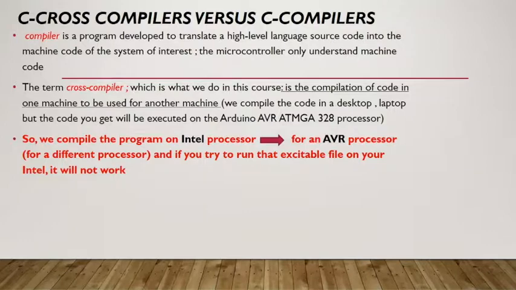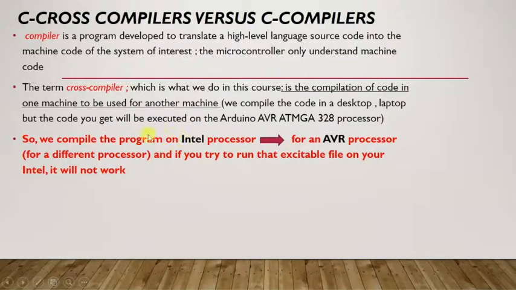In our course, we will compile on an Intel processor in our PC for an AVR processor. This is very important to understand what C cross-compilation is. One more time, C cross-compilation is the compilation of code on one machine to be used on the other machine.